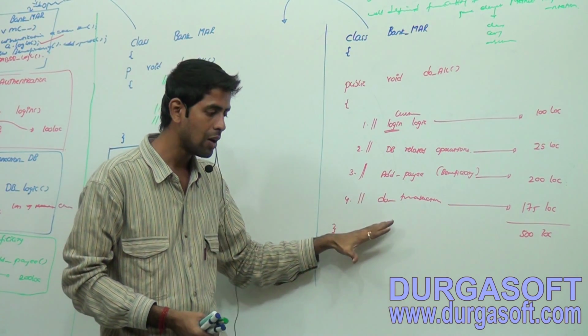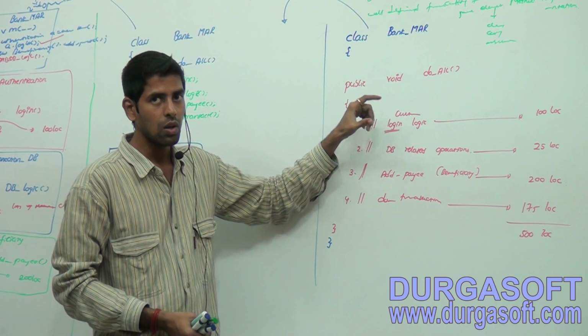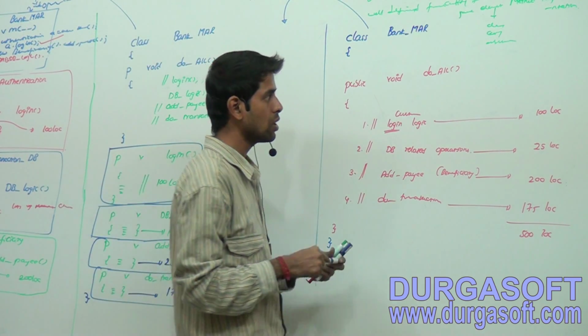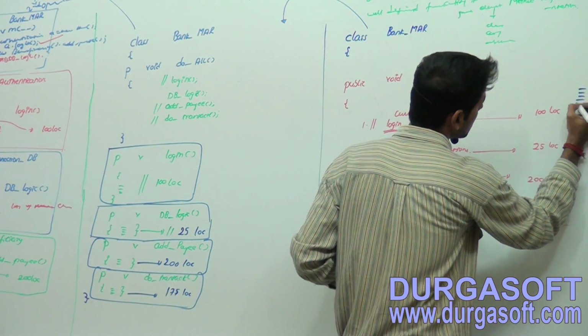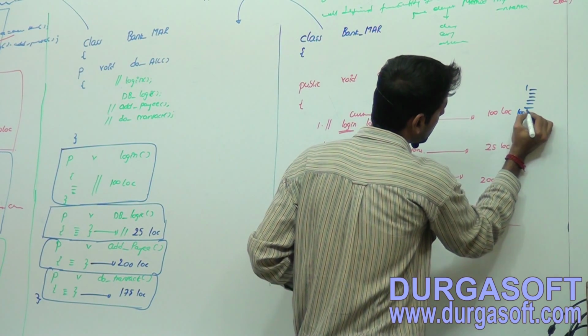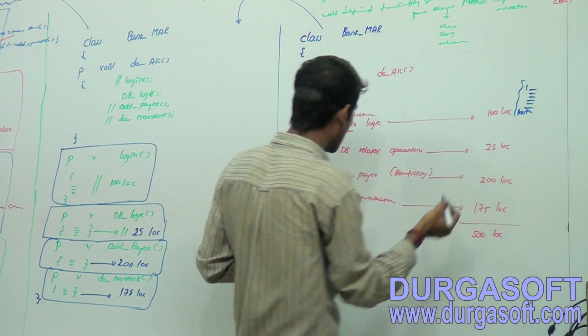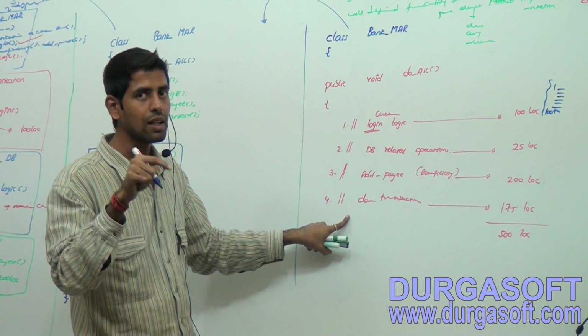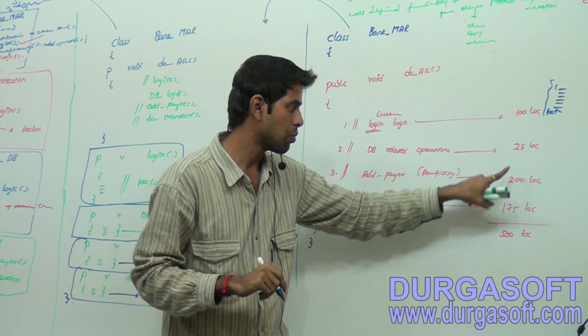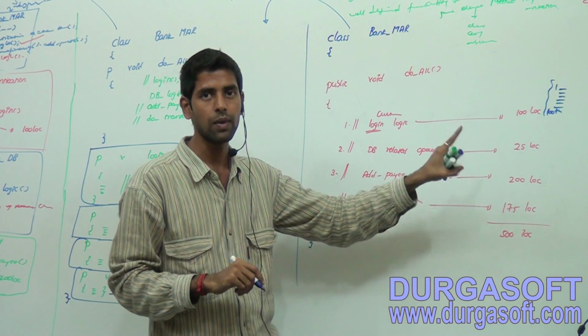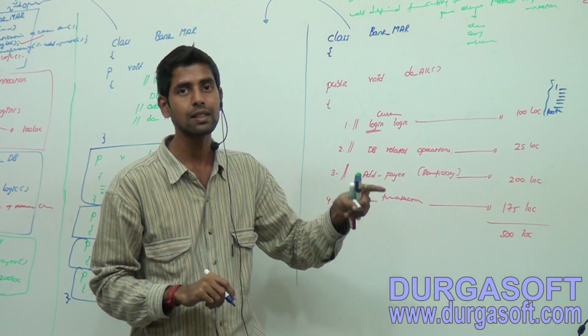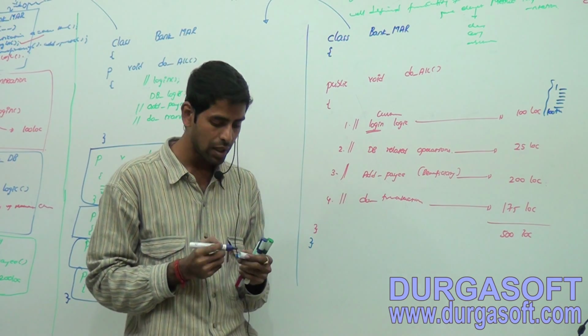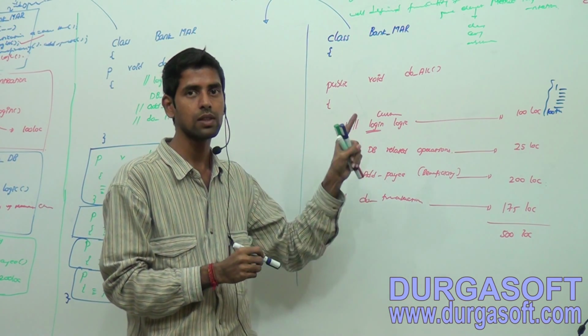Now if I want only the login logic, only 100 lines of code, the first to the 100th line, and I maintain the code like this, then definitely the remaining 400 lines of code will unnecessarily execute, which is an unnecessary action.